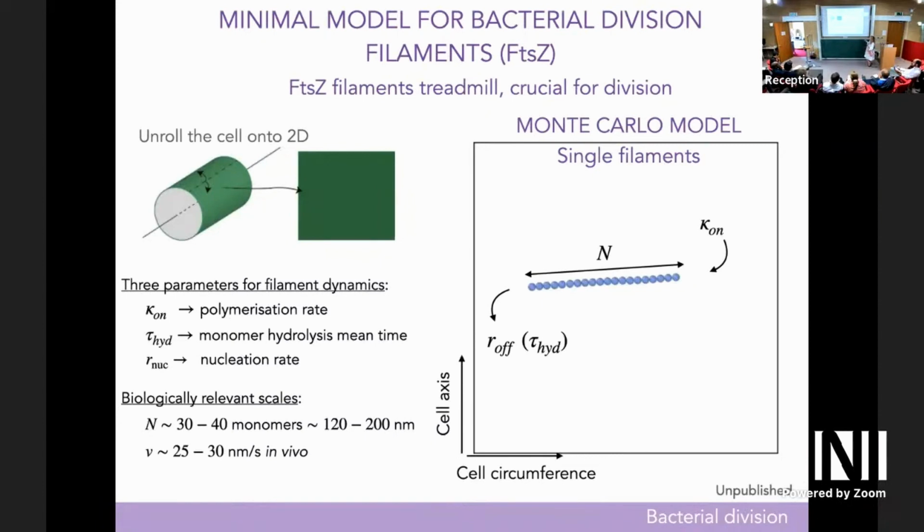What they actually do is they hydrolyze GTP somewhere along the filament. And once the hydrolyzed monomer reaches the end, it detaches because it has a larger mismatch with its neighbor, so it's less bound and it detaches.